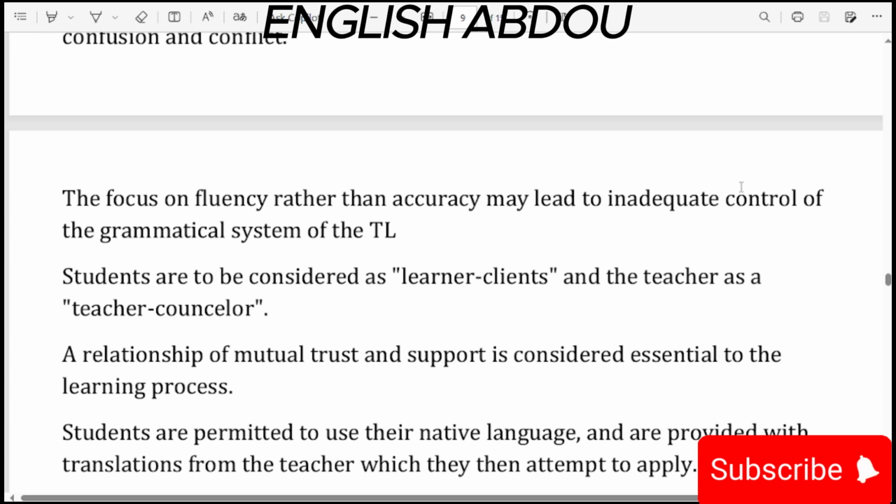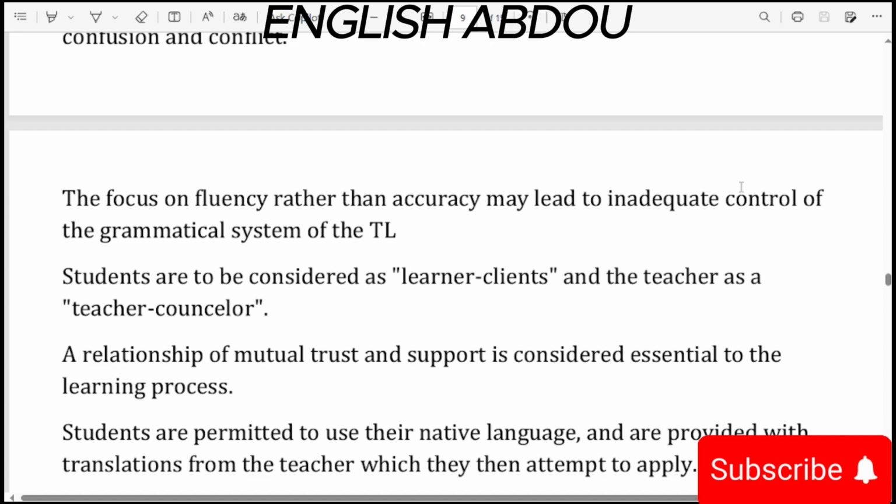And be careful, they might have a question on the day of the exam on the difference between grammar translation method and community language learning. In terms of fluency and accuracy, which one focuses more on fluency, which one focuses more on accuracy. And here you have to bring examples of how fluency can happen and how accuracy can happen.